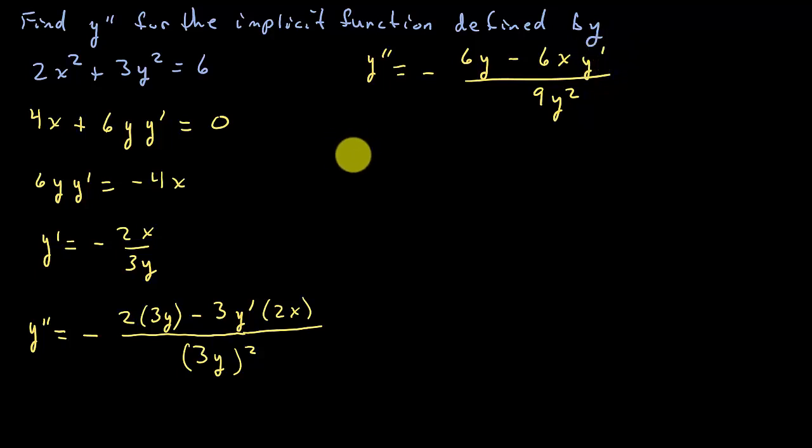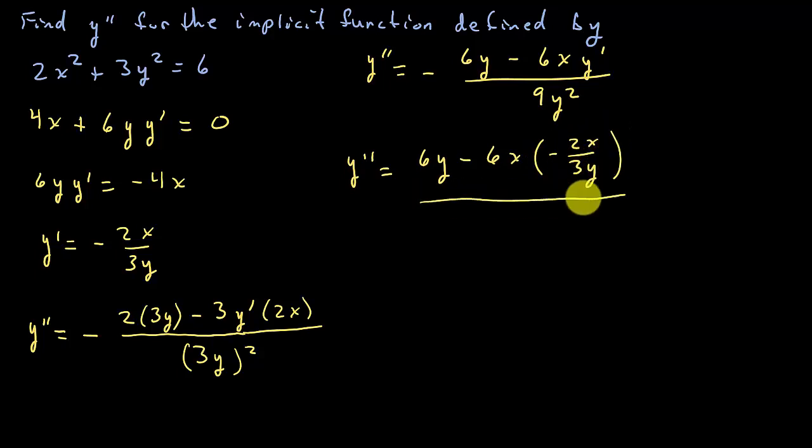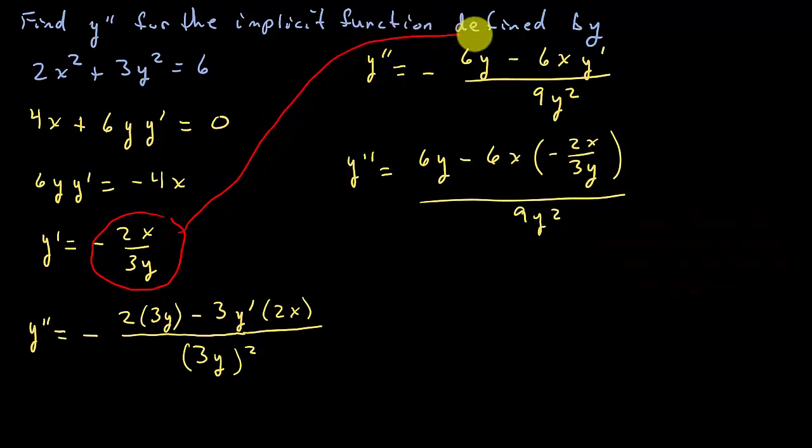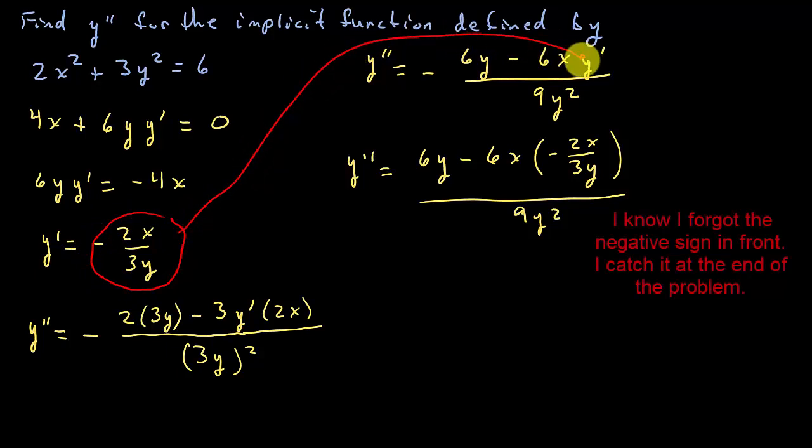So what I can do is I can say y double prime is equal to 6y minus 6x times negative 2x over 3y over 9y squared. So all I did there is I took what y prime is and I plugged it in. That's all I did.